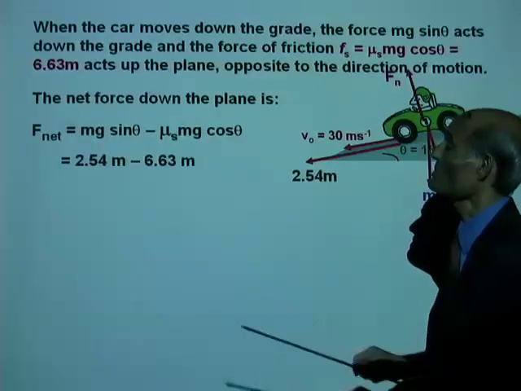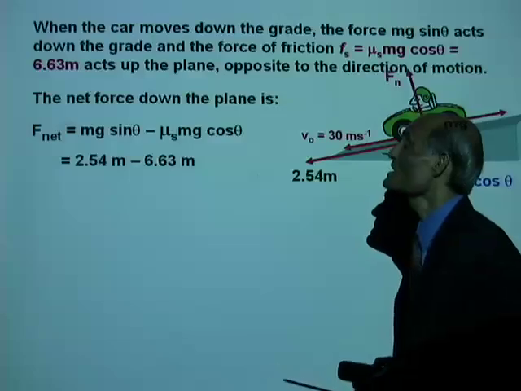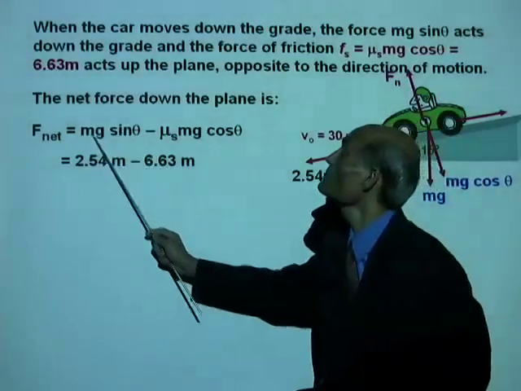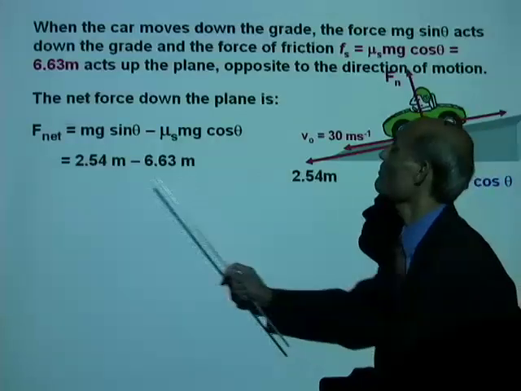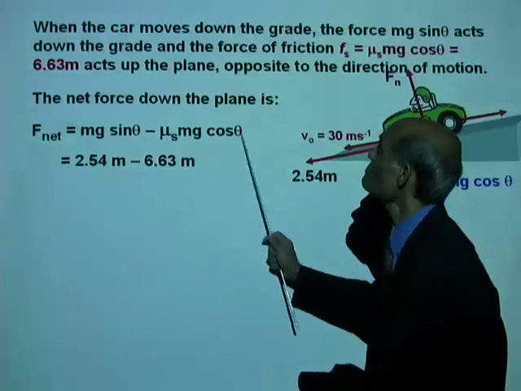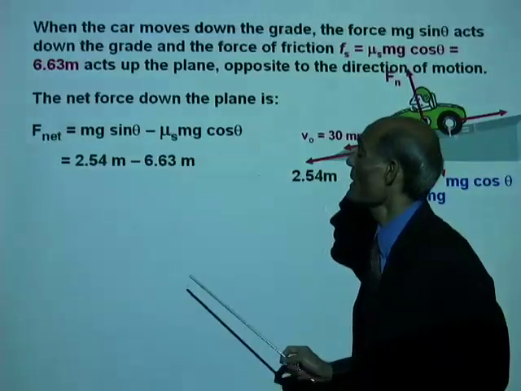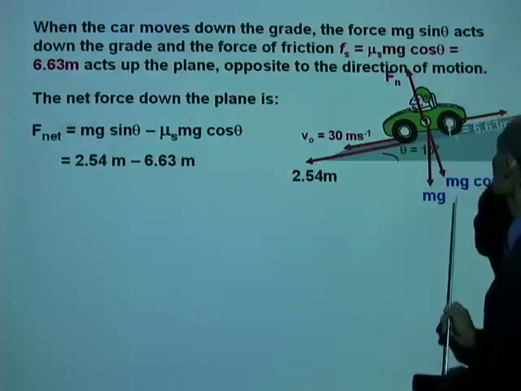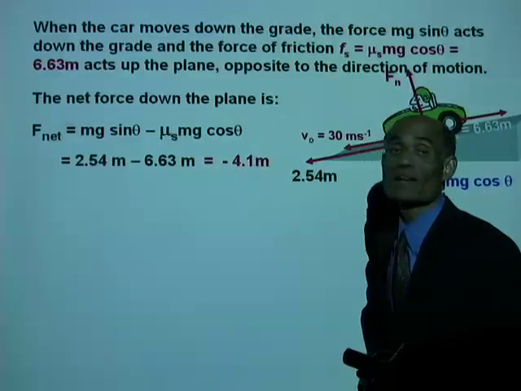And what is that equal to? 2.54 m minus 6.63 m. mg sine theta we calculated earlier is 2.54 m. Mu s mg cos theta is 6.63 m. And how much is that? That is negative 4.1 m.